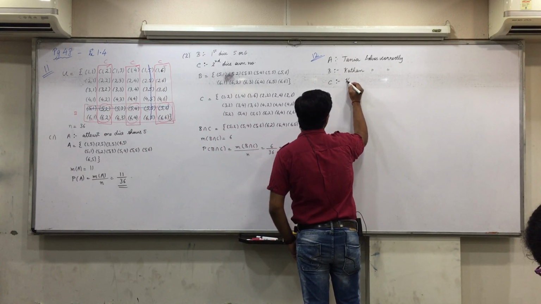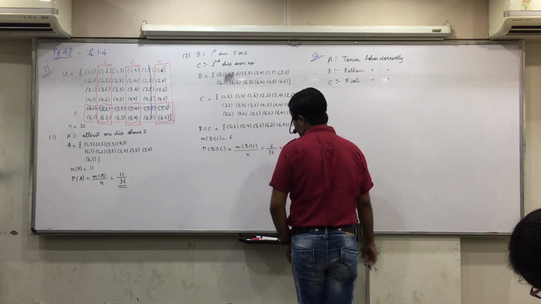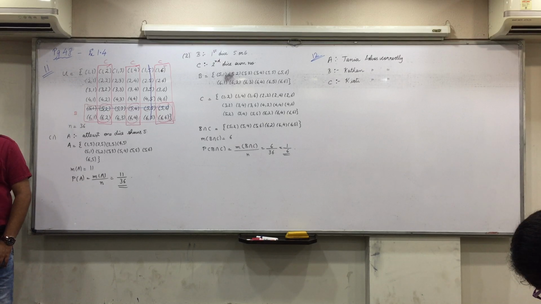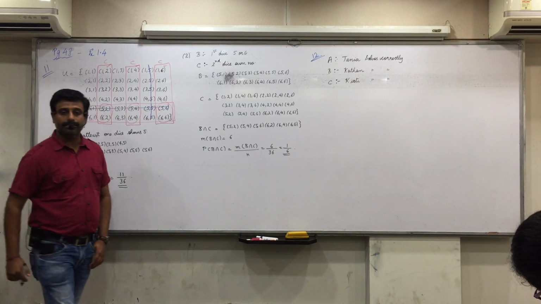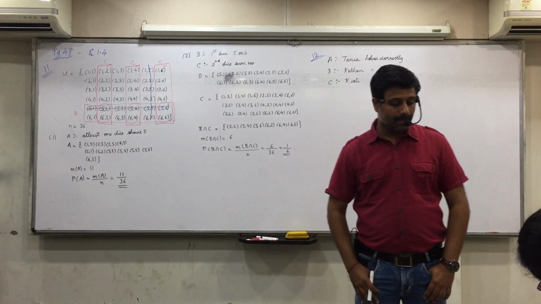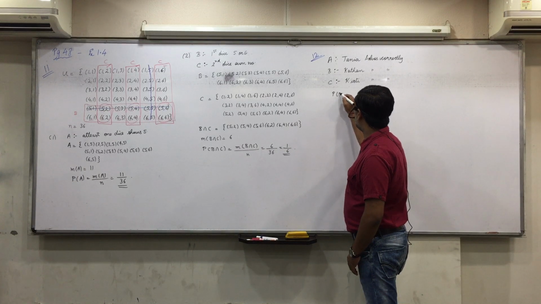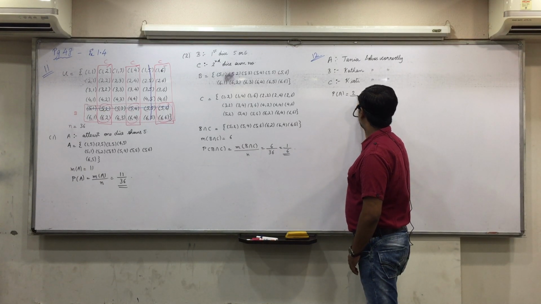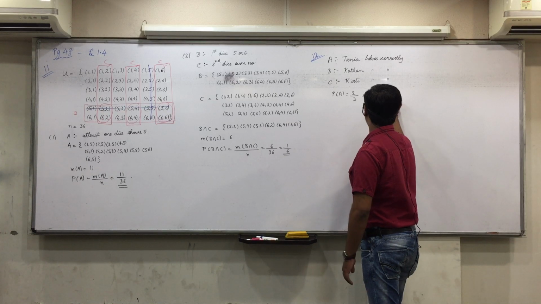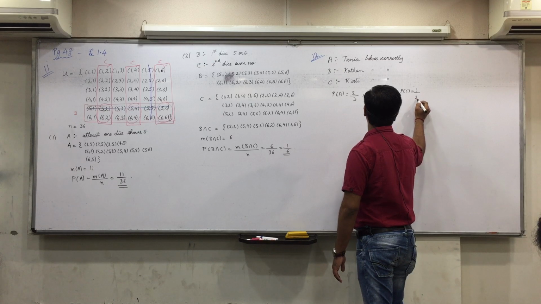And let event C be the event that Kirti solves the problem correctly. Now three probabilities are directly given. So what is PA? 2 by 3. What is PB? 3 by 4. And what is PC? 1 by 2.